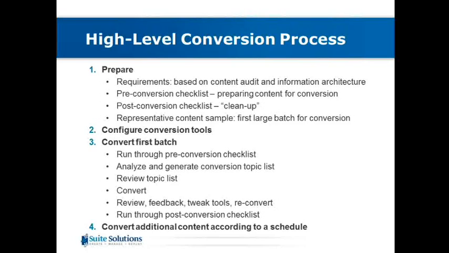We mentioned the pre-work and the post-work that has to be done, and the configuration of the conversion tools is meant to get the best results you can from automation. People might say it's very difficult to get automation, but it's actually not so hard. And there are things people think should be easy that really aren't. Those are worked into the requirements and then the pre and post checklists, the things that need to get done.